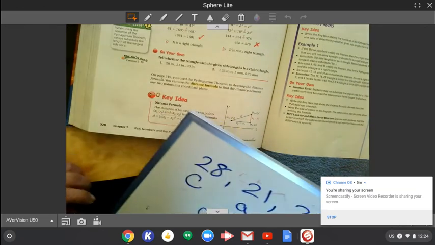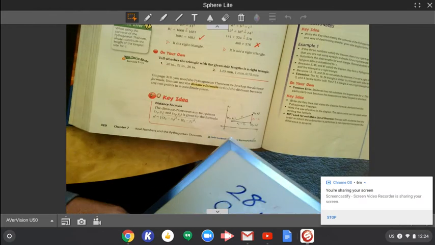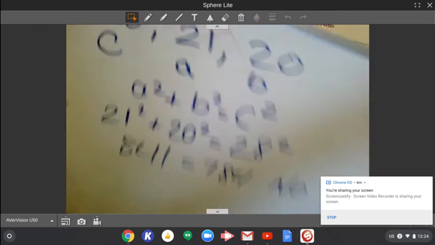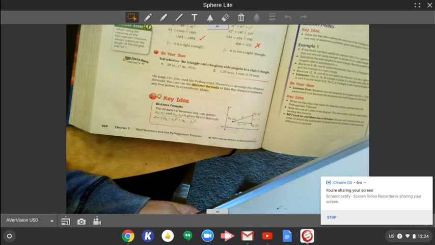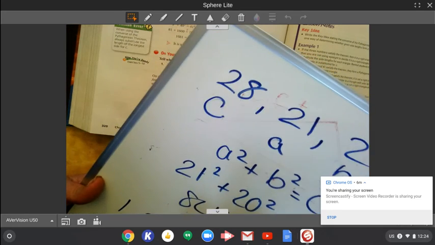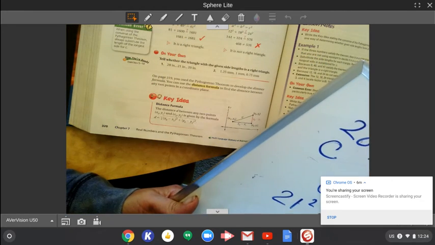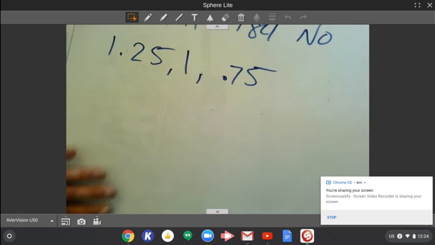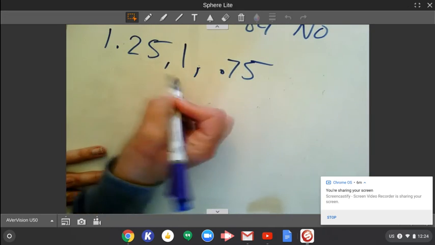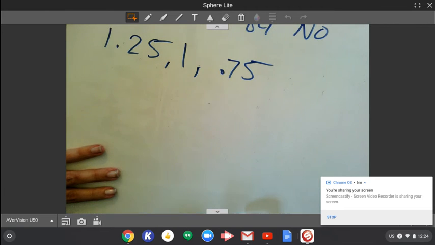Okay, let's try the next one. The next one in the textbook here, if you want to follow along, is 1.25 millimeters. The second side is 1 millimeter. And the third side is 0.75 millimeters. Okay, so we're going to try this example here. So which one is A, which is B, which is C?